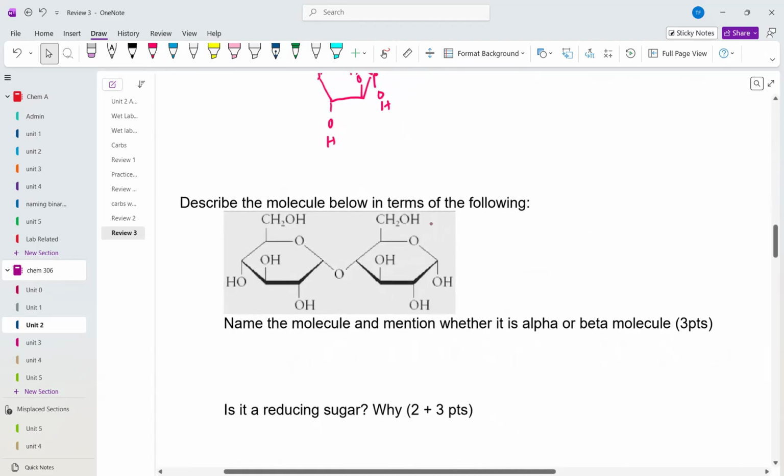Okay. So we have a disaccharide, and it's got two glucose molecules, so it's going to be maltose.